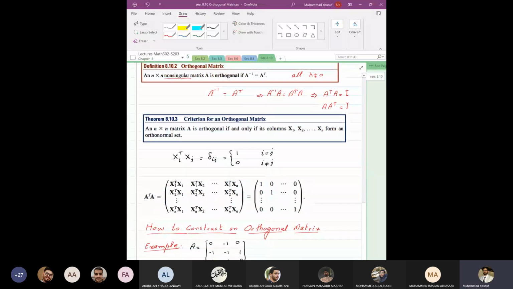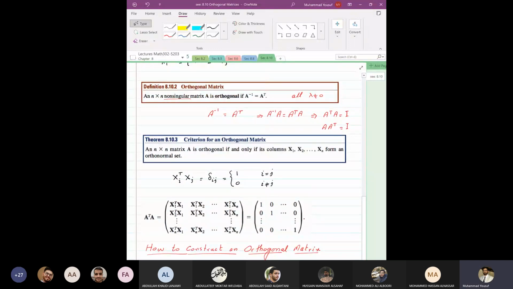Now this matrix is here on the screen. Can someone tell me if the matrix itself can be orthogonal or not? Without actually checking A inverse equal to A transpose, just by looking at the information so far, can A be orthogonal or not?